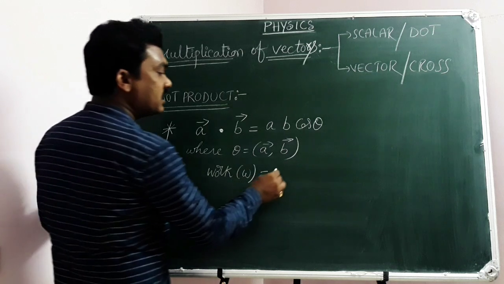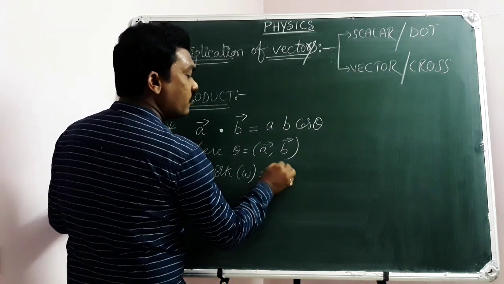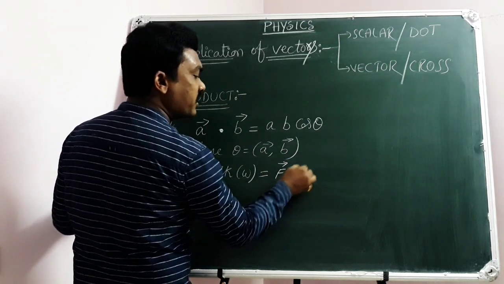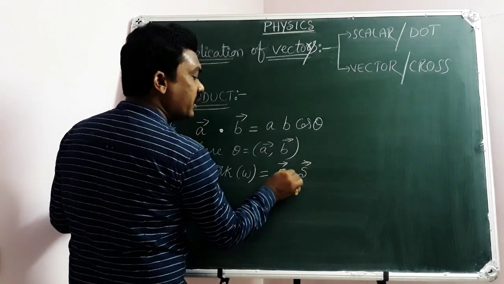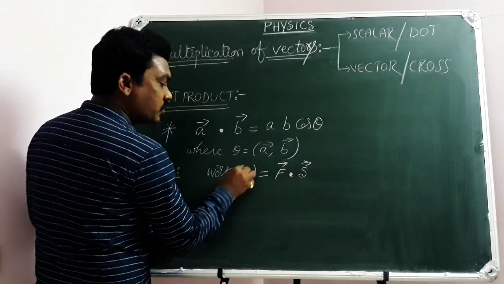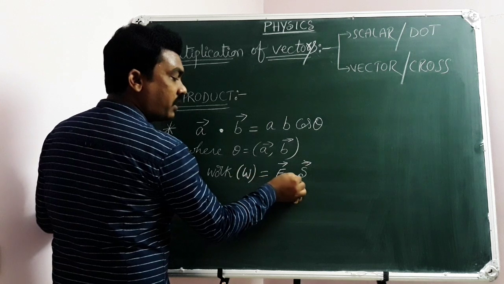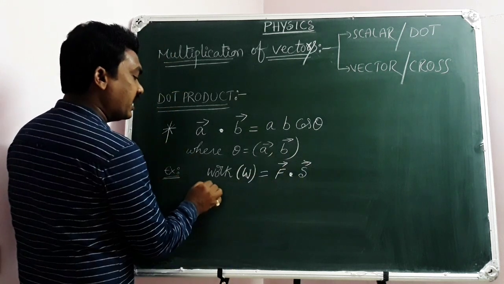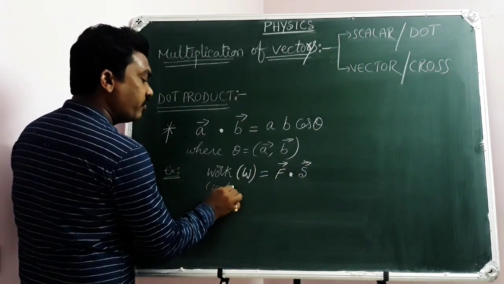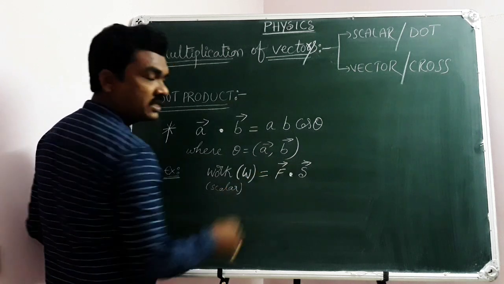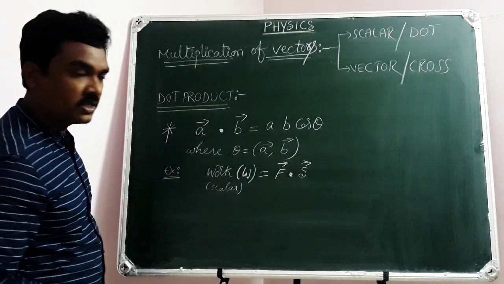So work done is the combined product of force vector and displacement vector. So here it is W equal to F bar dot S bar, where work is a scalar physical quantity, but force and displacement are vector physical quantities.